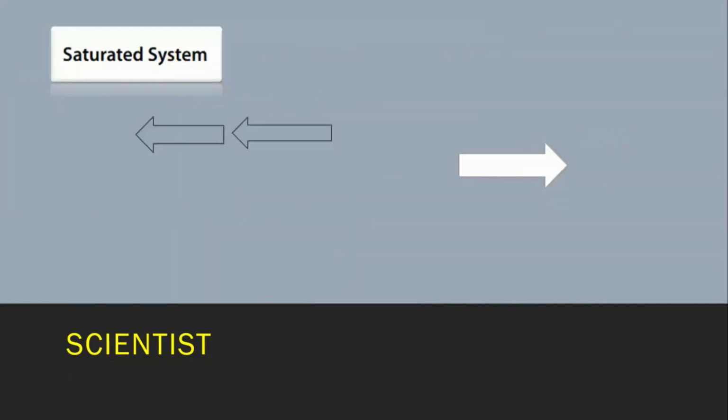We begin with the saturated system without nitrogen. We have a heterocyclic with oxygen and a 3-membered ring. First of all, which type of prefix is it?